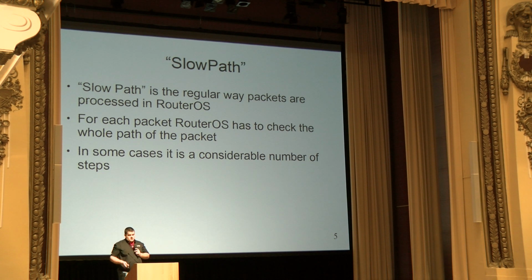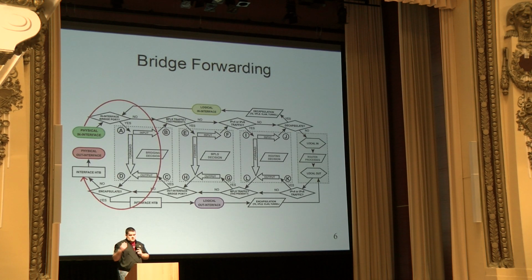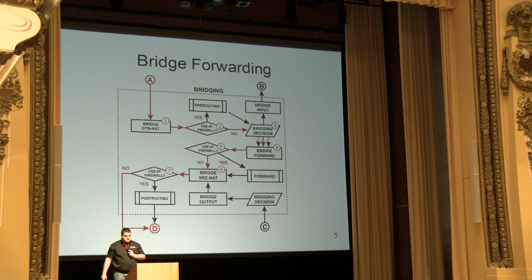Just to start things out, I will explain the basics of the diagram so that we can speak the same language from now on. If we are bridging some traffic, traffic is traveling in the direction indicated by the red line. It looks very easy, but if we take a deeper look, there are 7 steps that a packet needs to travel through to actually get through simple bridging.